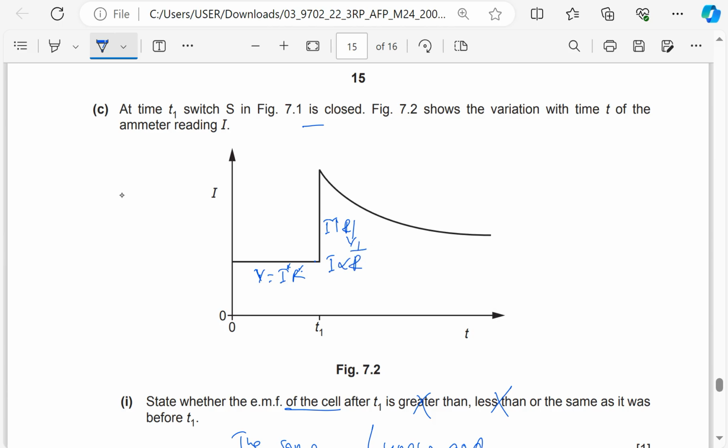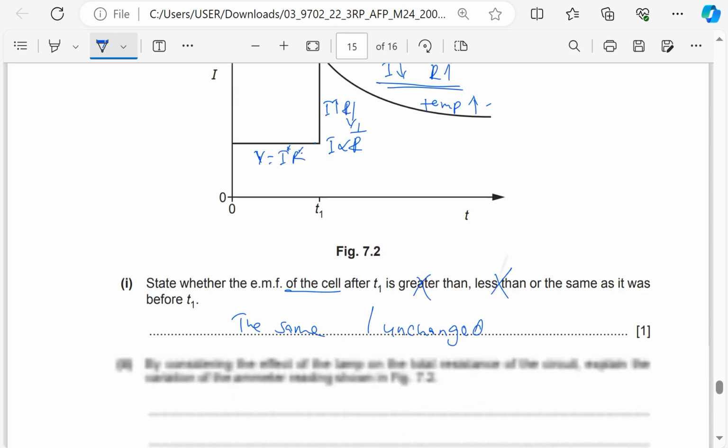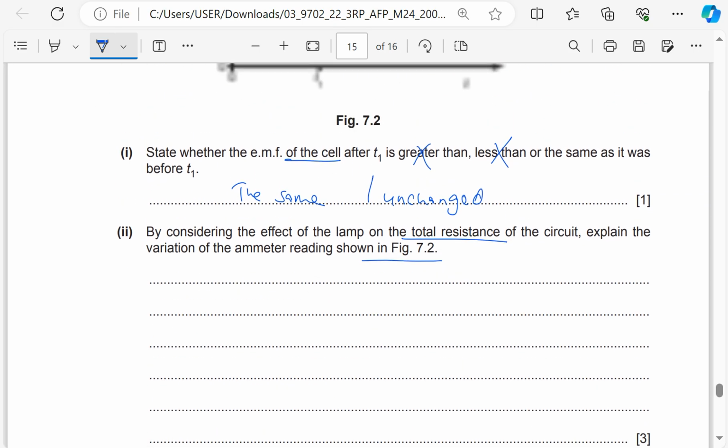Then the current now decreases, which means the resistance increases. But what might have happened to the lamp here? Maybe the temperature increased for the filament lamp. If you have been in class, that part of the filament lamp is very easy.